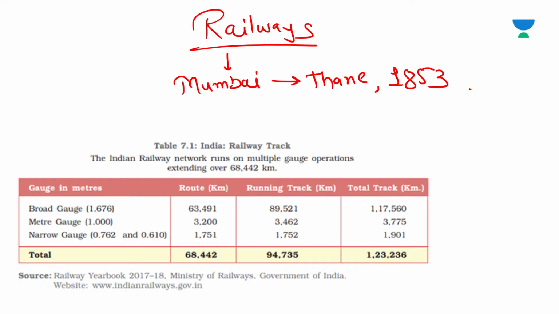So see the table which gives gauge in meters, route, running track in kilometers, and total track in kilometers, like broad gauge, meter gauge, narrow gauge.